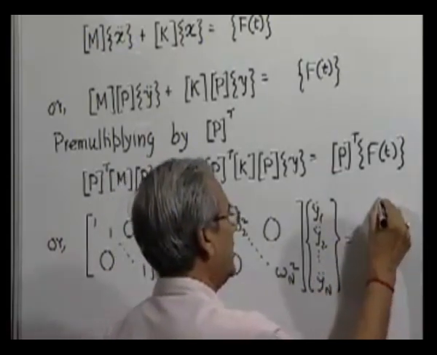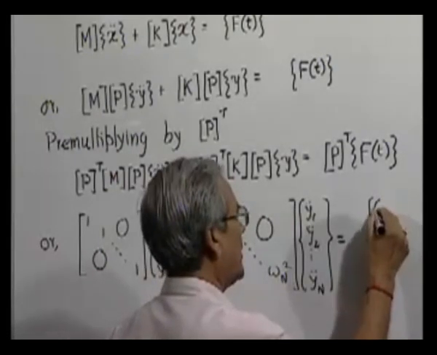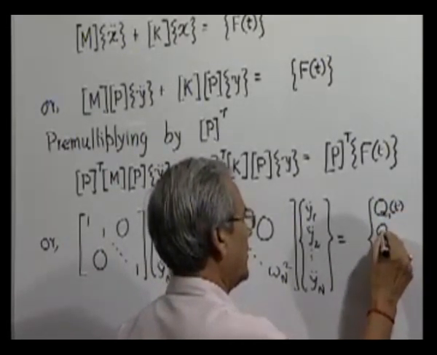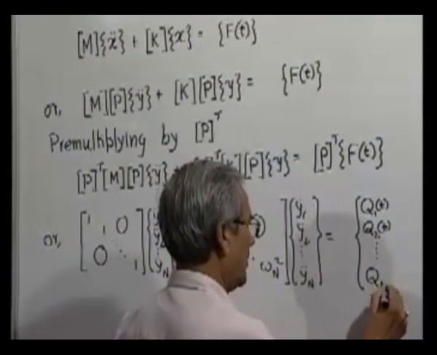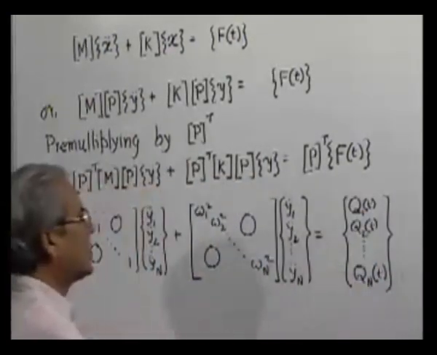And here it will be a column matrix. These are the transformed terms.